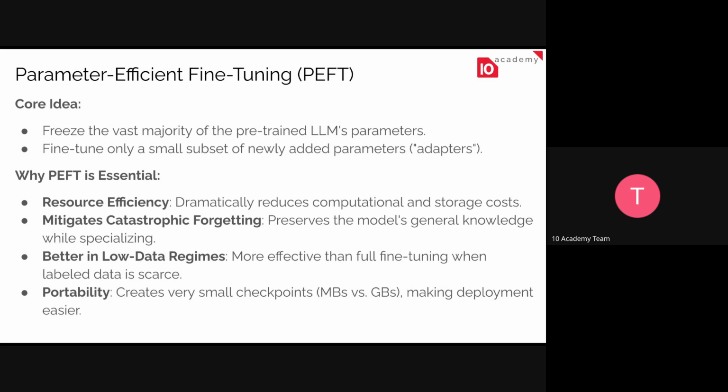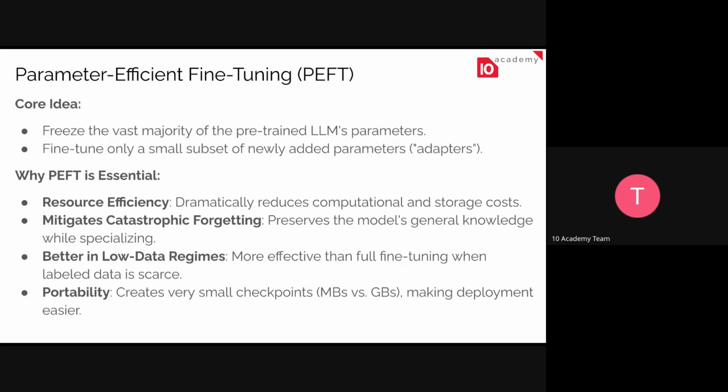So why is it essential? Because it's very resource efficient. It reduces the computational and storage cost, and we don't really need nearly as much data to train.